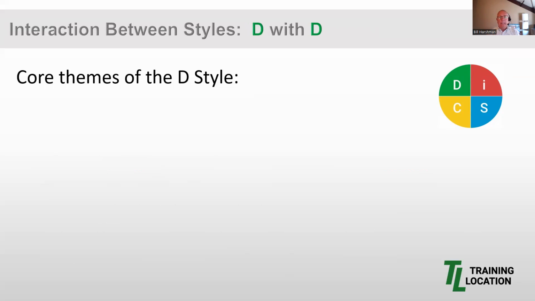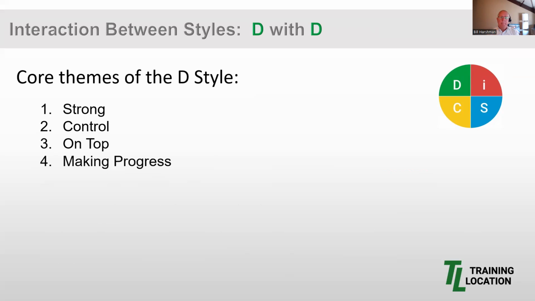To set up our learning today, Wiley research indicates the following core themes or needs of the D style. The need to be strong, the need to be in control of a situation or in control of the factors affecting their fate, the need to be on top or winning, and the need to be making progress.